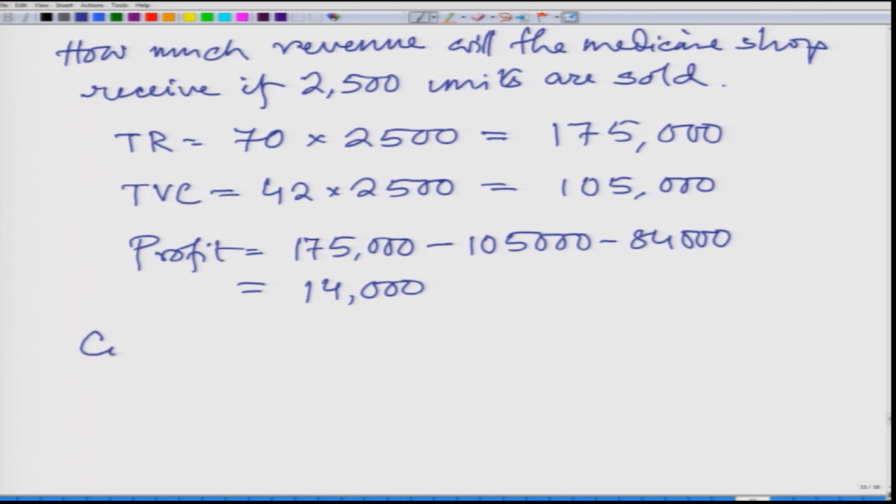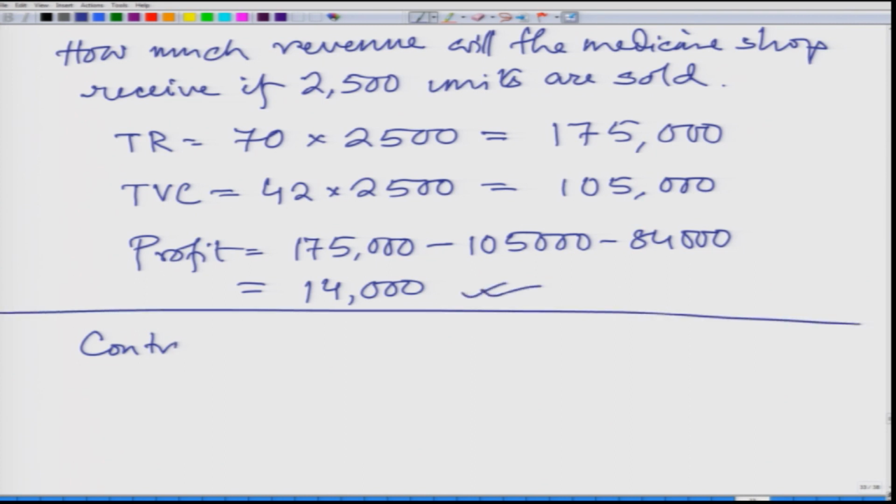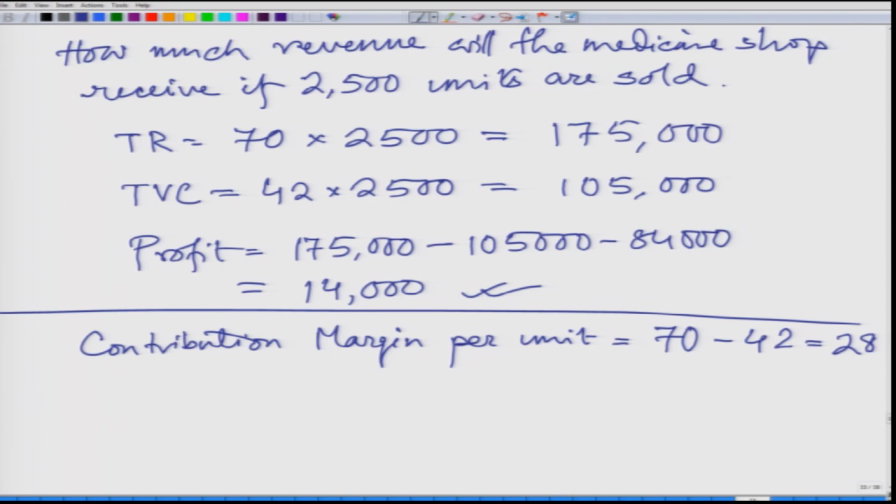So this is how I can estimate my profit. Now what is my contribution margin per unit? As I mentioned, this is the difference between the per unit selling price and per unit variable cost. So per unit selling price is 70, per unit variable cost is 42. So my contribution margin per unit is rupees 28, the difference between the selling price and the variable cost.